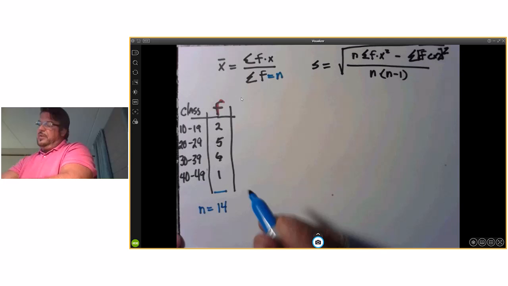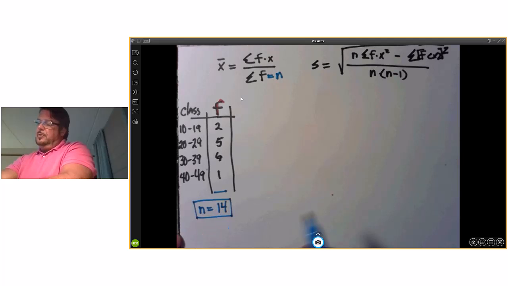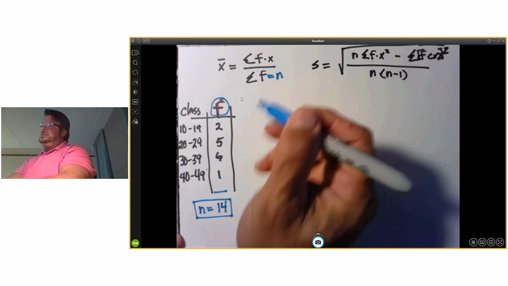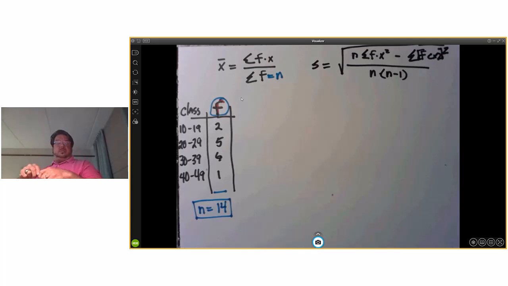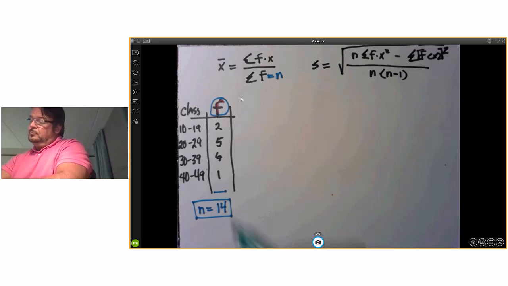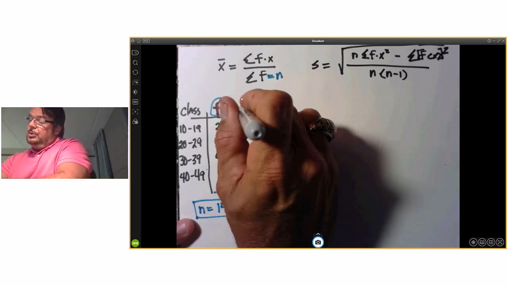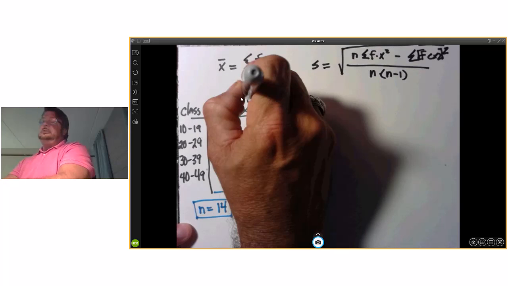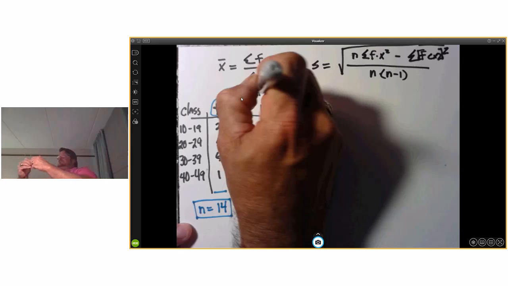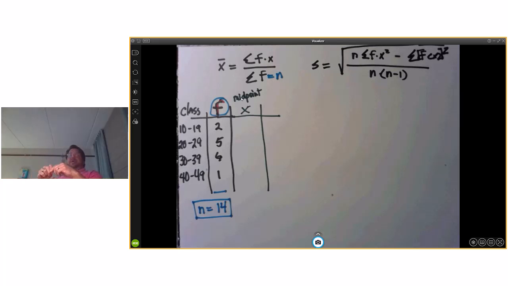So now we've got F, we've got N, now we just need what? X. Well, what is X? X is called the midpoint. We have to have a midpoint. Can anybody reasonably think why do we have a midpoint?